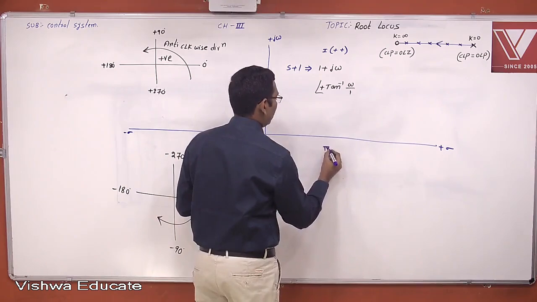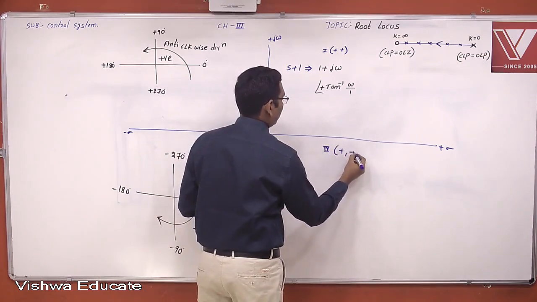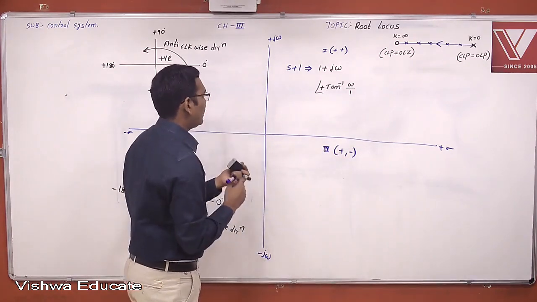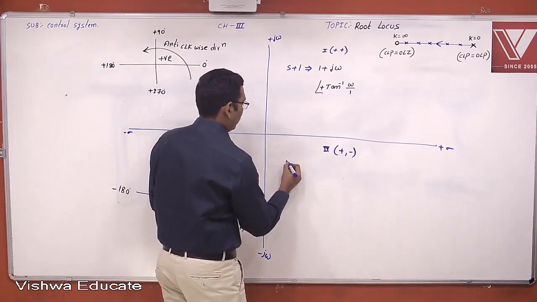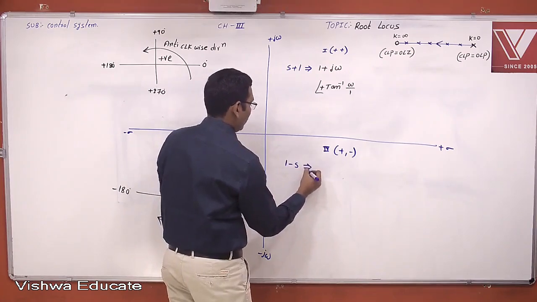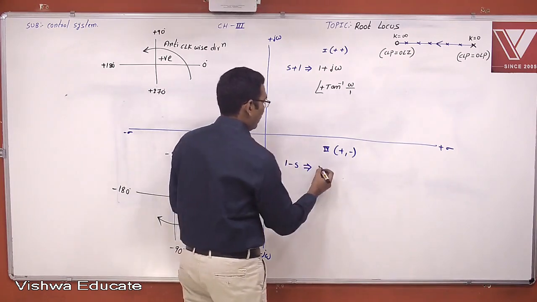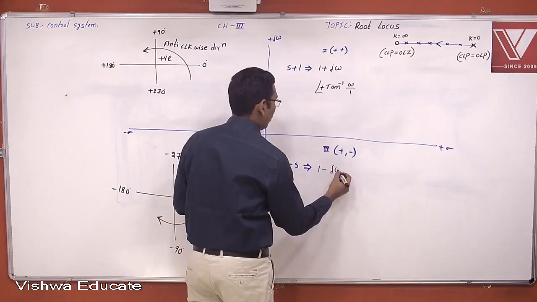Similarly, this is the fourth quadrant, plus minus. Can I write like this, 1 minus s, which is nothing but 1 minus j omega.